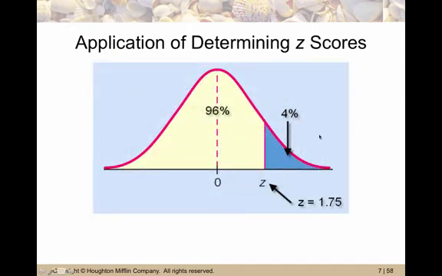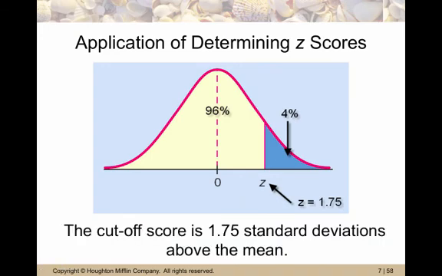The student needs to be in the top 4%, which means 96% of scores will be below the student's score. So you look up 0.9600 in your table, or you do inverse normal 0.9600, and you get a z-score of 1.75. So we know the cutoff score is 1.75 standard deviations above the mean.